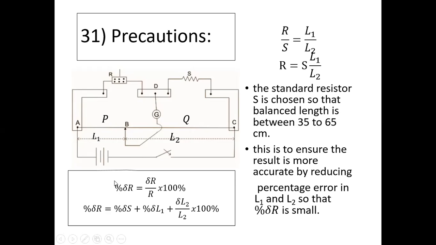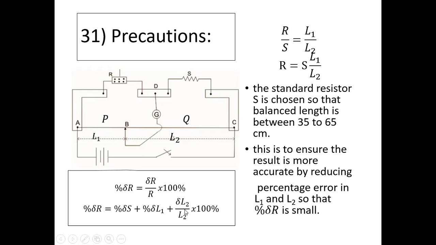That is my symbol for percentage error in R, delta R over R times 100%. So there's percentage error in R, percentage error in S, percentage error in L1, and percentage error in L2.